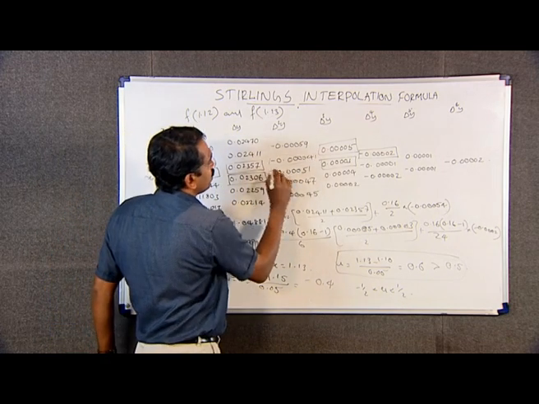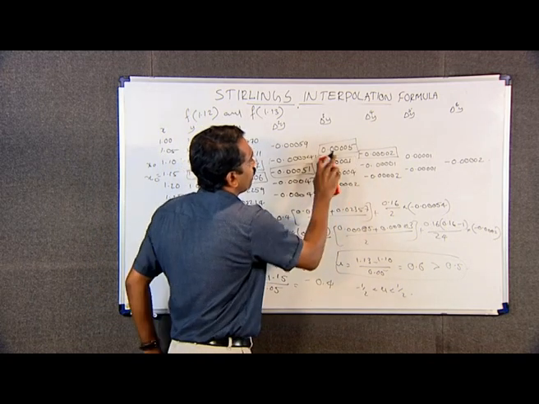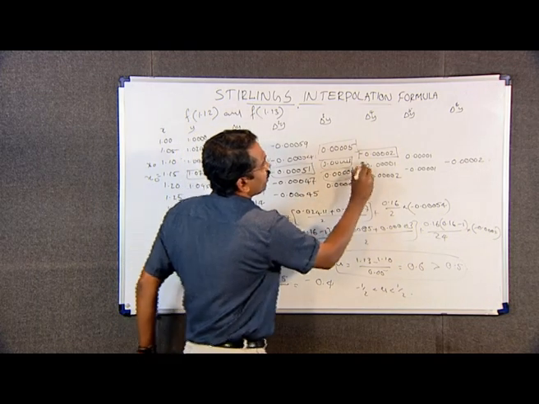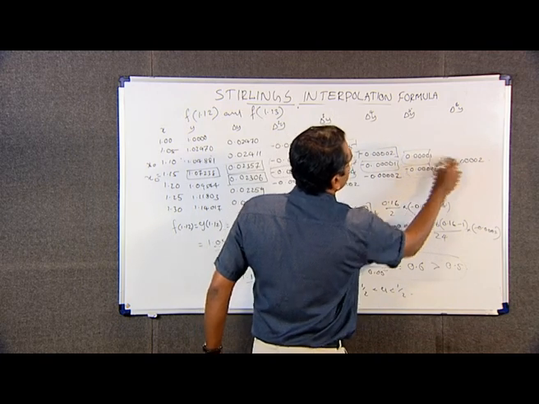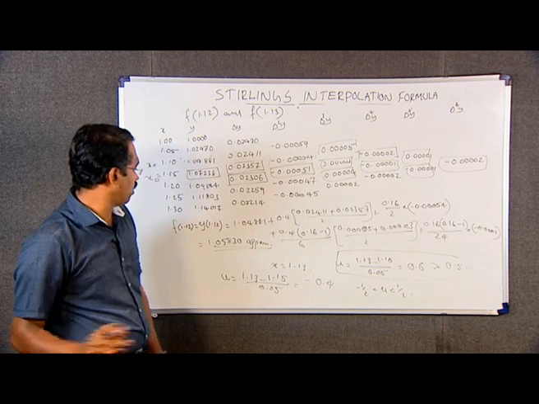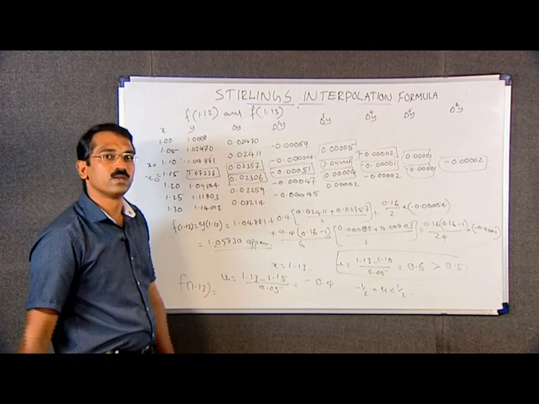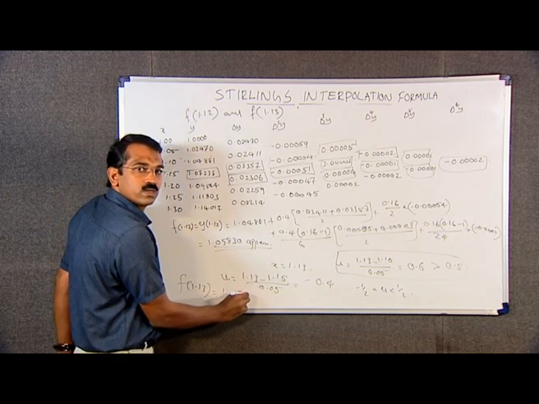Next is this one and these two, and this one. On substituting and simplification, we will get the value of f of 1.13 as 1.06302.